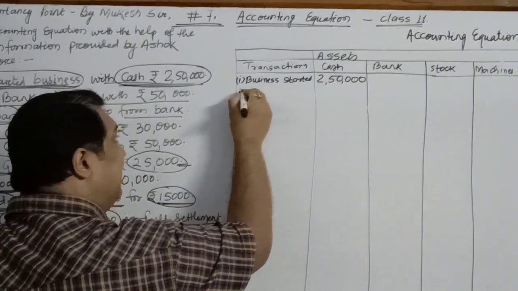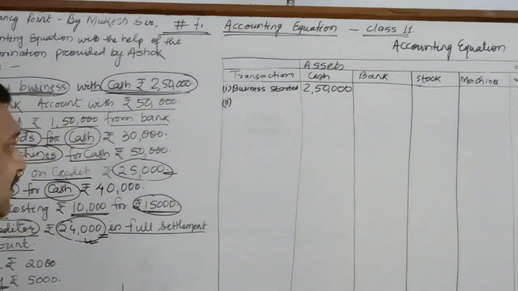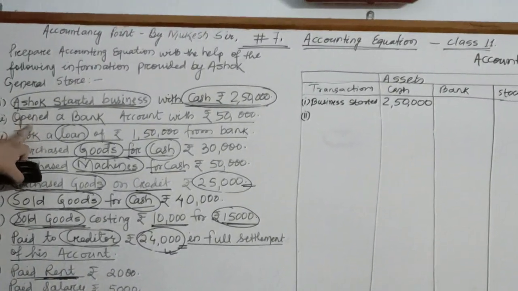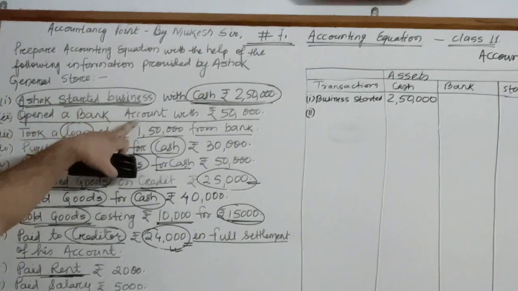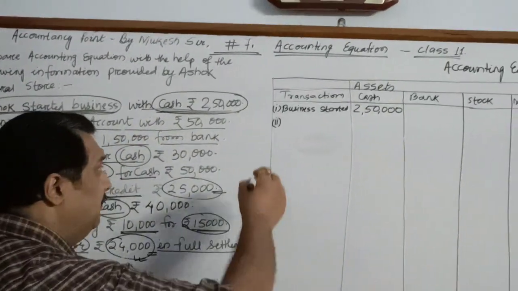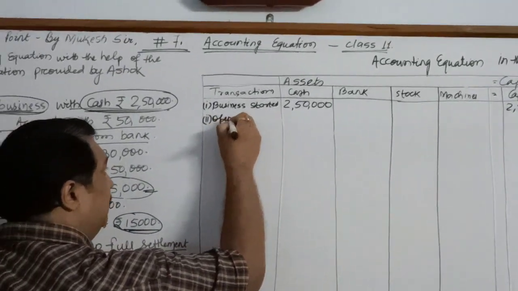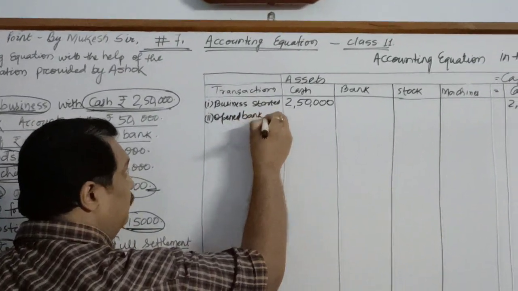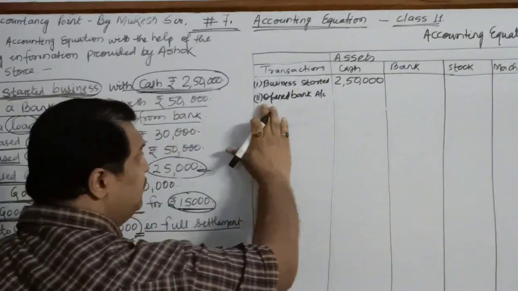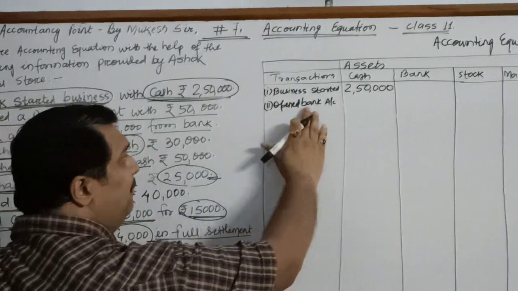Now record the second transaction over here itself without doing anything else. What is your second transaction? The second transaction says opened a bank account with rupees 50,000. So what will happen? Here I'll just write opened bank account. In short, you need not write everything in detail. You just need to write in short opened bank account.